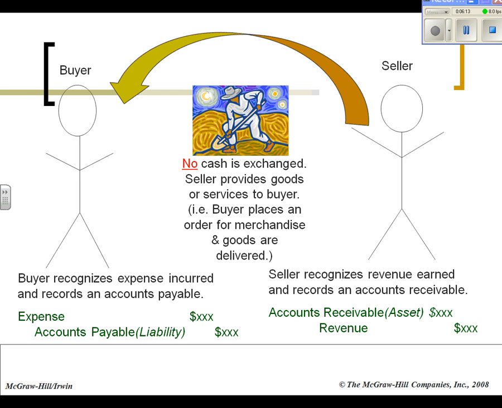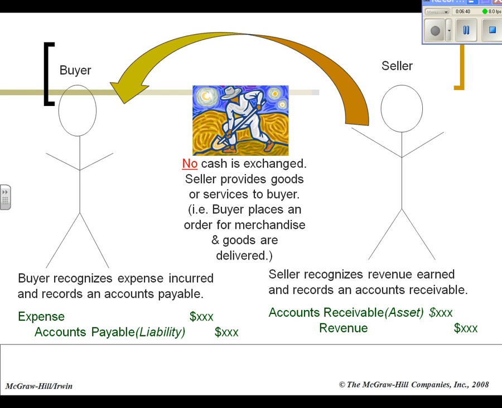All right, so let's look at the buyer, again, being the bagel shop, and let's say they order flour, and the flour is delivered with an invoice. So the bagel shop owner has incurred this expense. The goods have arrived, and the bagel shop owner is going to use this flour during the month of January.